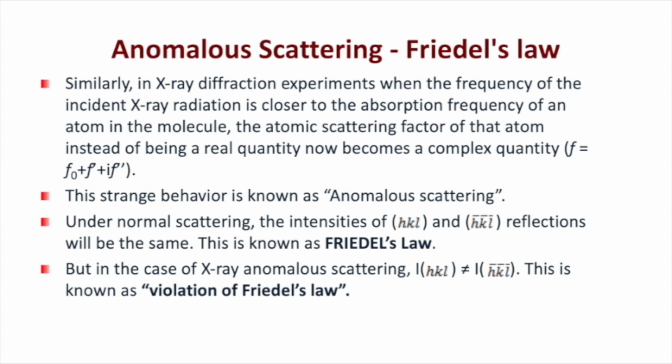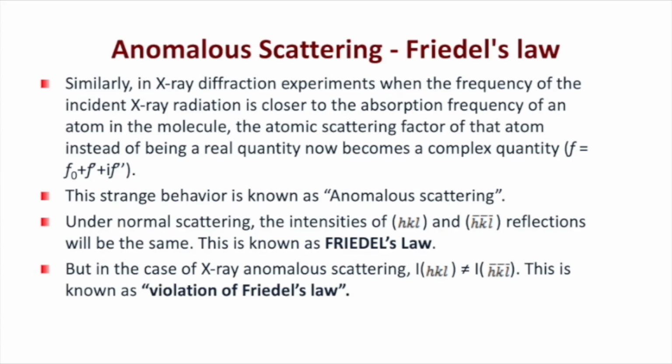But when the incident frequency is closer to the absorption frequency of an atom, this is made useful in the case of heavy atoms like bromine or chlorine in small molecule crystallography, and heavier atoms like selenium, gold, gadolinium in the case of macromolecules.